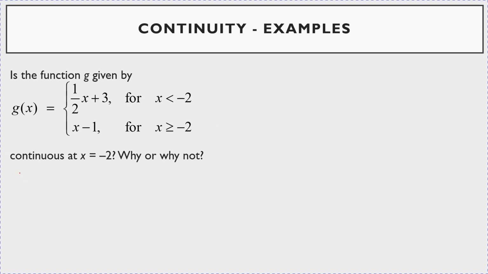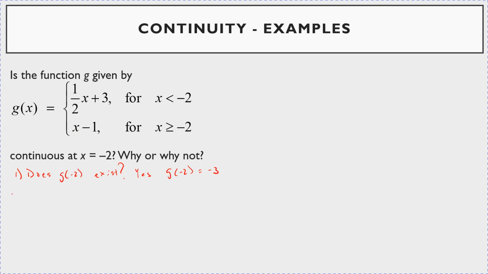Well, you have to go through the three components. The first one: does g of -2 exist? Yes, it does. When x is equal to -2, you use this formula right here, so it's equal to -3.